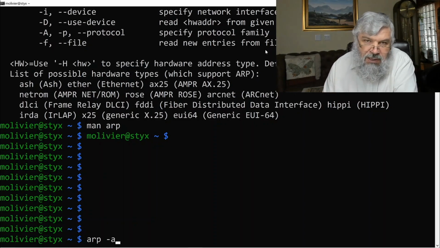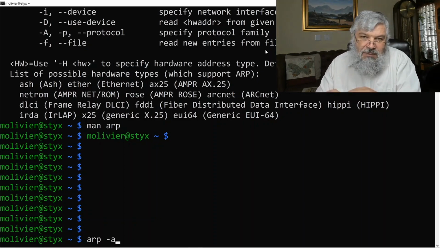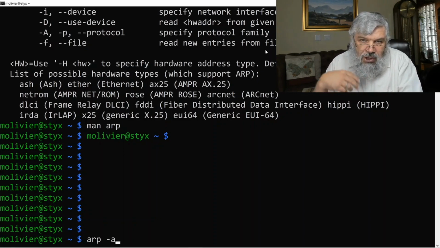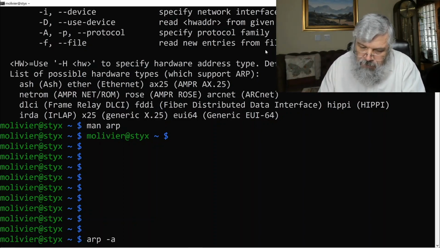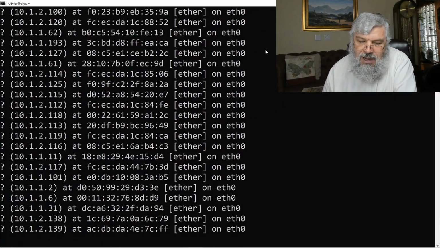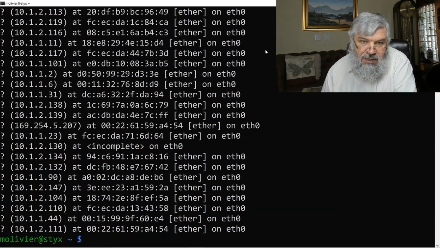If I want to see which machines have talked to this machine recently, and those are machines that share the same local area network, not global machines out there, then you will see that this computer has been talking to quite a number of machines in the recent past. You can see the various IP addresses, the various MAC addresses, and the interface that was used to make contact with those machines.